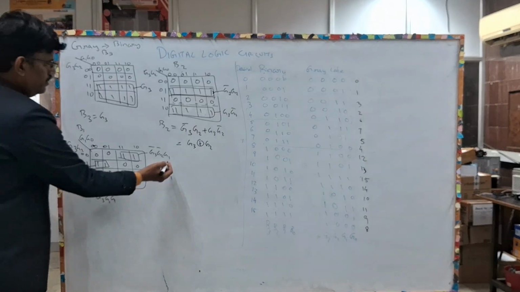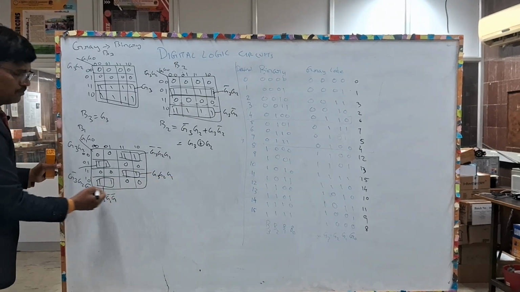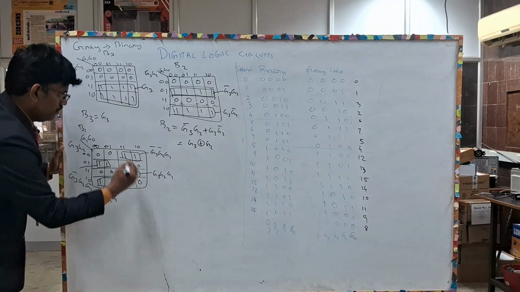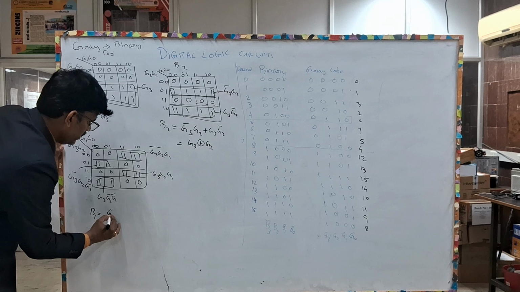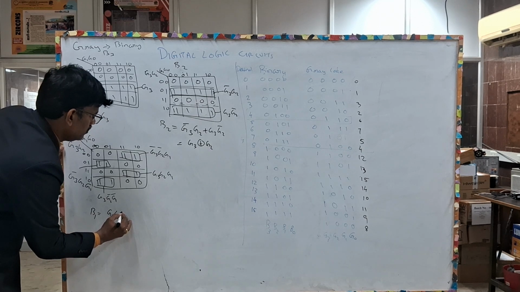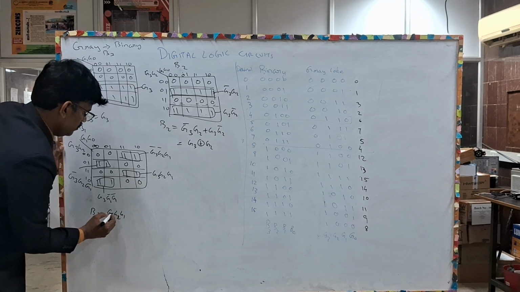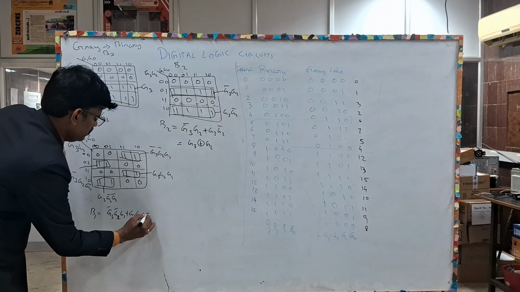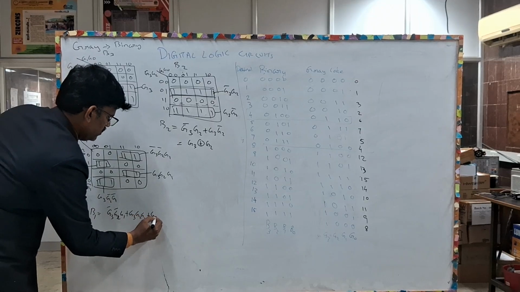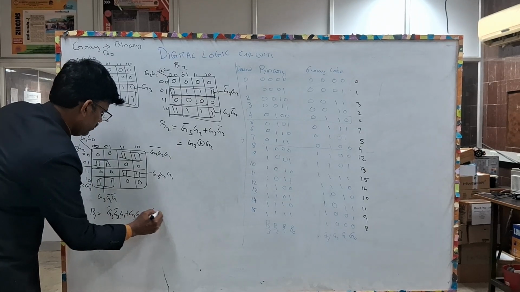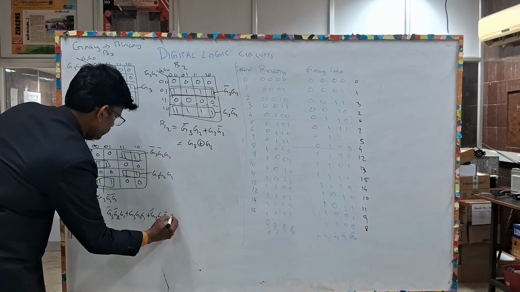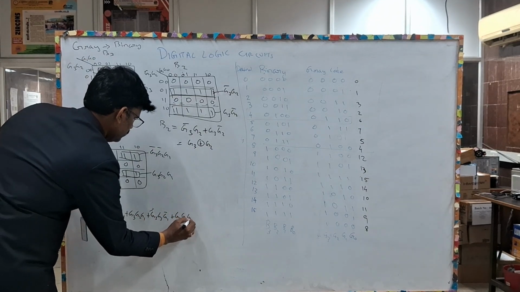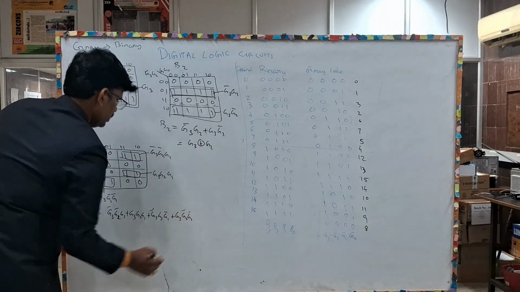Here we have G1 to be common, and here we have G1 bar to be common. So for writing the answer we write in that particular form: G3 G2 G1 plus G3 G2 G1 plus G3 bar G2 G1 bar plus G3 G2 G1 bar.